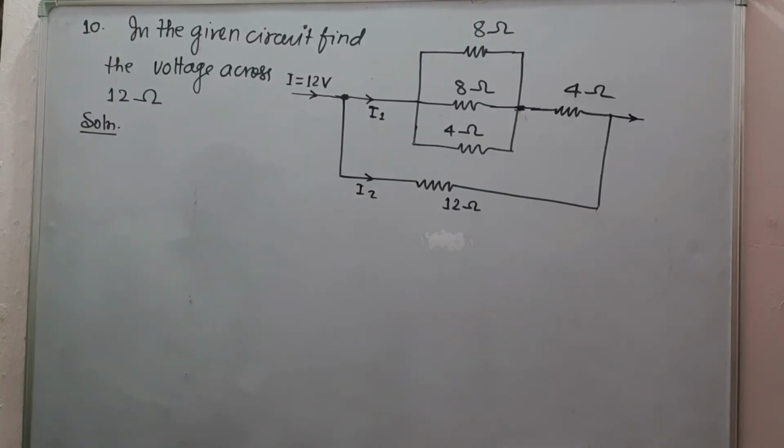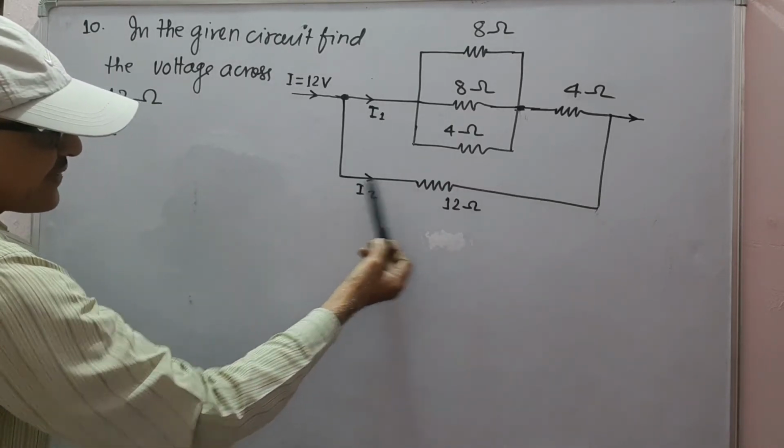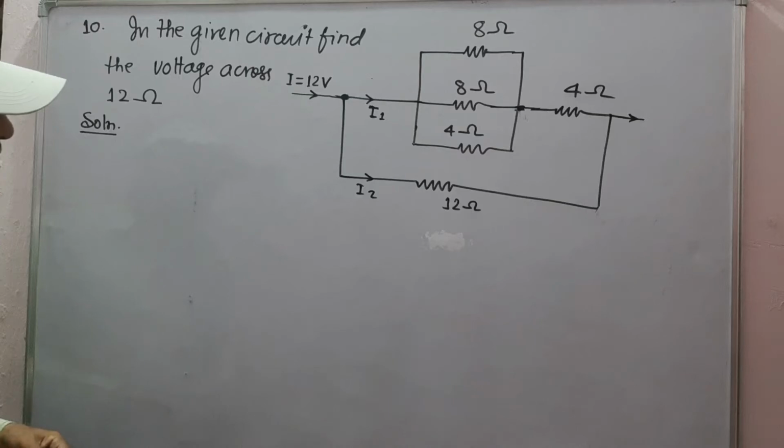Number 10. In the given circuit, find the voltage across 12 ohm resistance. We have to find the potential difference across 12 ohm resistance.